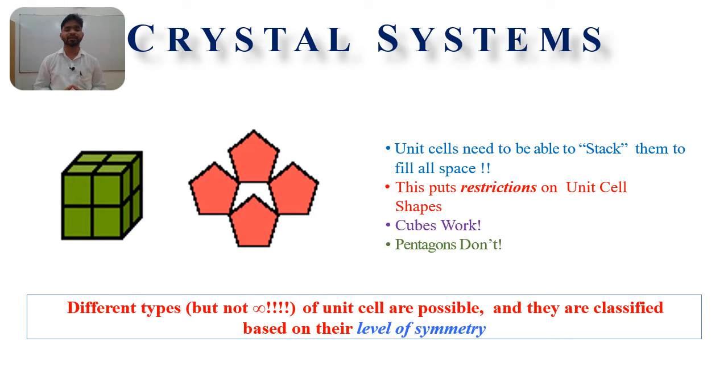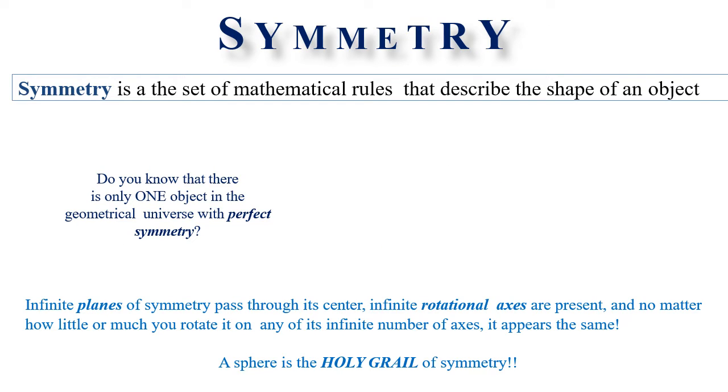There will be voids left. So there are different types of unit cells which are possible. They cannot be infinite in number, but they can be of certain types based on their level of symmetry. By repeating the units following a certain set of symmetry rules, we can get different crystals.